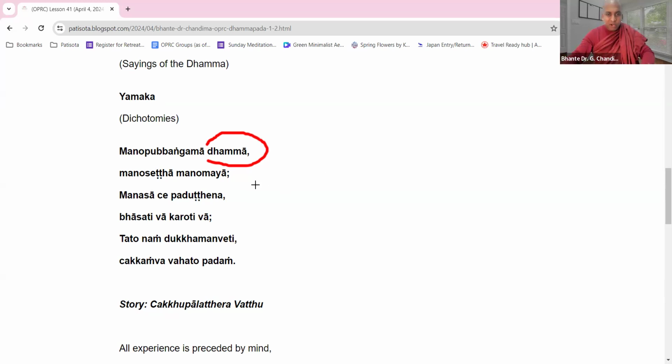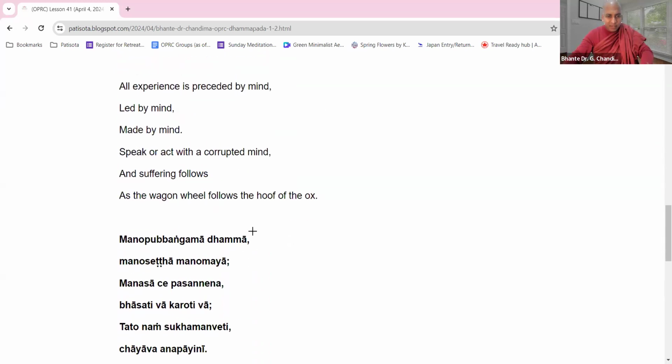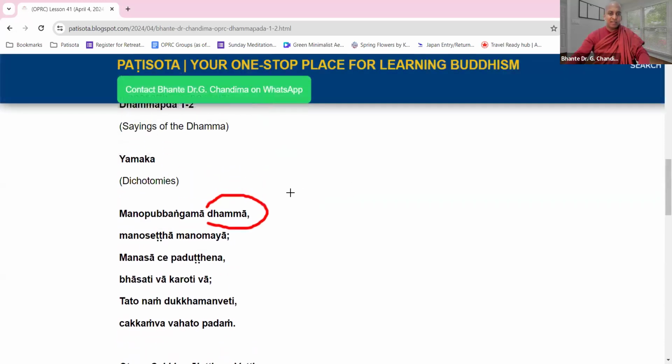Now, because we have to understand this, the second stanza also has Dhamma. Manopubbangama dhamma. So what does Dhamma mean here? Mental states is what you said. And any other translations? Experience. You nailed it down, because it is already the translation. All experience. Yes.